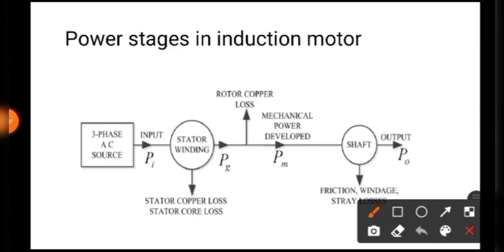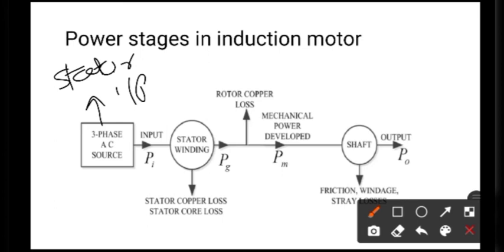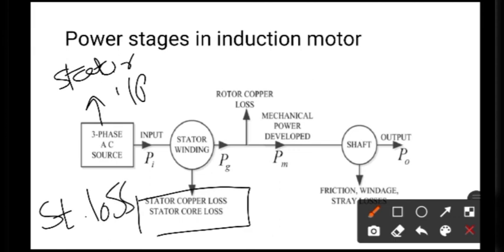Now we are going to see formulas in power stages. This is the stator input, this is the stator loss, and the remaining power is available to the input of the rotor.